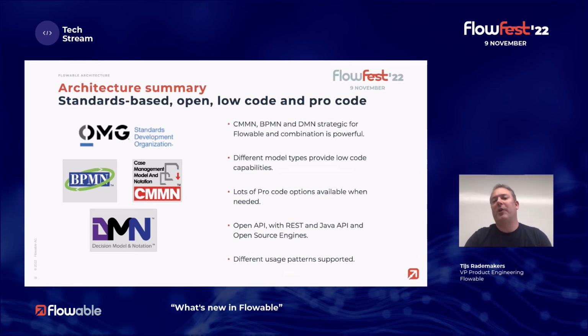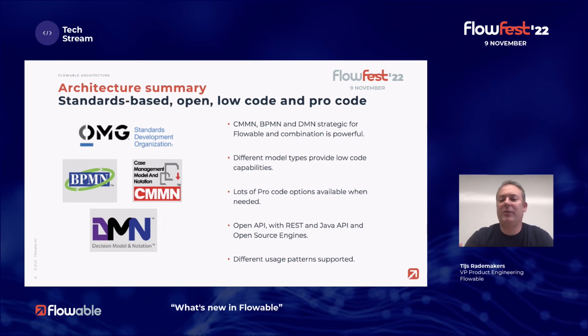And just to really summarize, CMMN, BPMN, DMN are very strategic for us. We have a lot of different model types to support the low-code capabilities, but on top of that, or below that, depends on how you see it, we also find it really important to support the pro-code options as well.